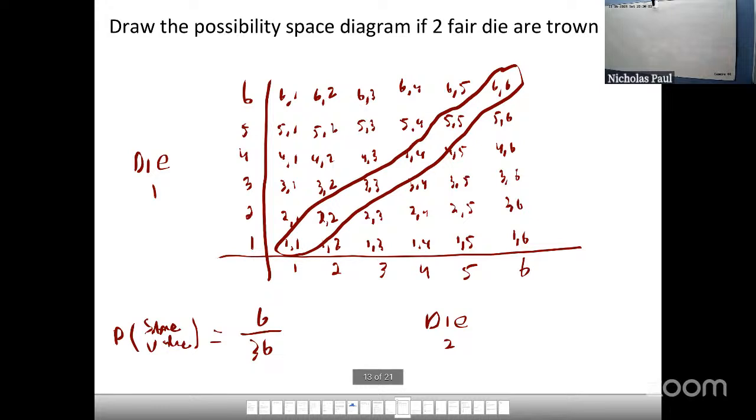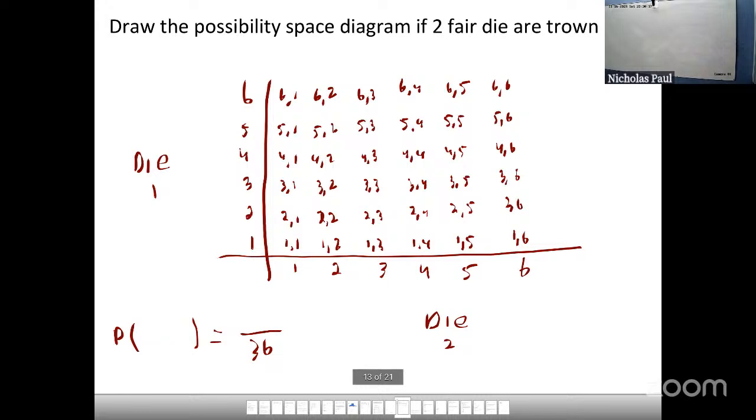Right? So remember, the purpose of this diagram is to help give you a picture of what's happening. I know we didn't set it up like this, but here's what I want. I would like to get the probability of obtaining a sum.